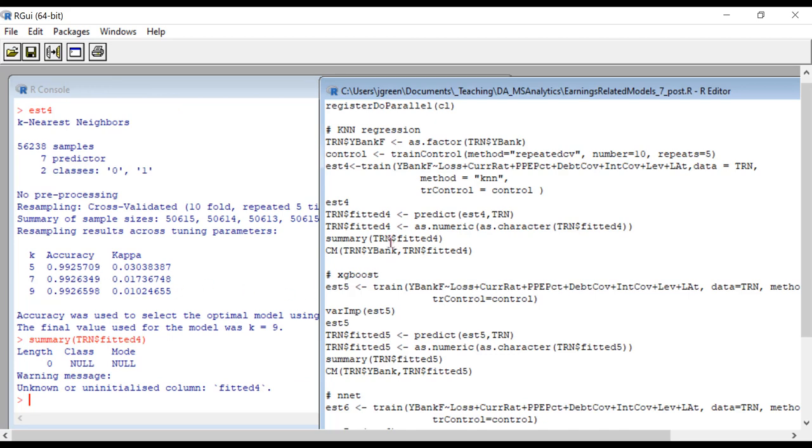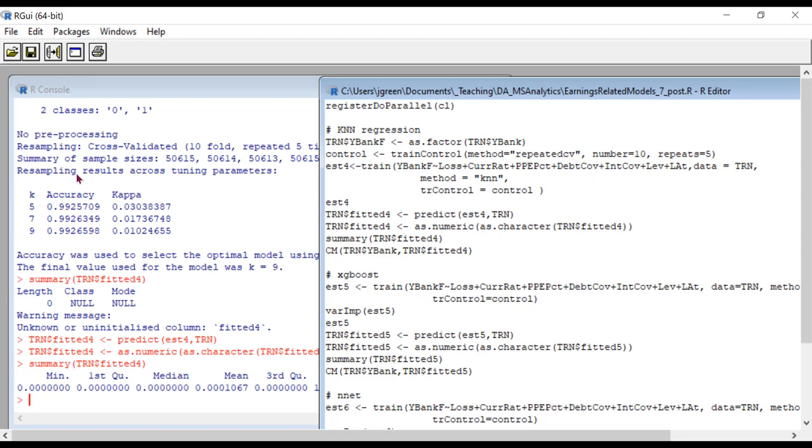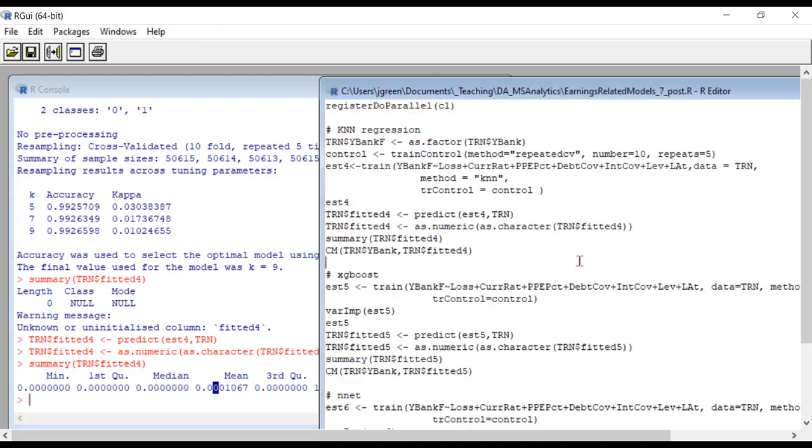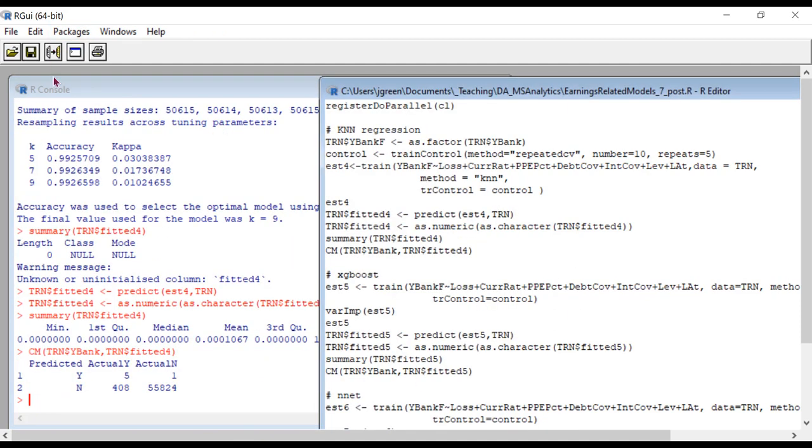So we can look at this fitted for, and what comes out of it tells us we have some that had a 1 prediction, and the mean was 0.001%. Go to this confusion matrix.